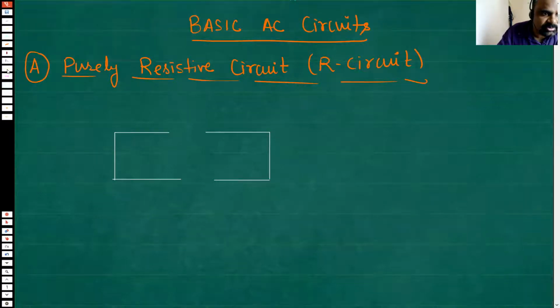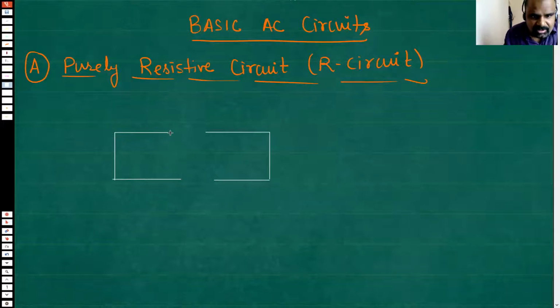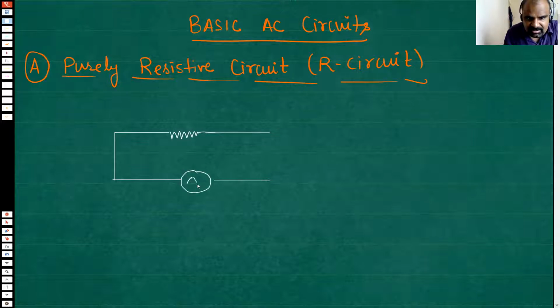I don't want to make too much of effort. Fine. Here we are going to connect a resistor, because we are studying purely resistive circuit, and here we are going to connect an AC source. And then how come this got deleted? Okay, let me join them.